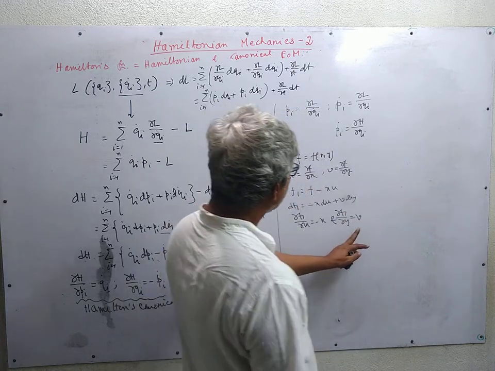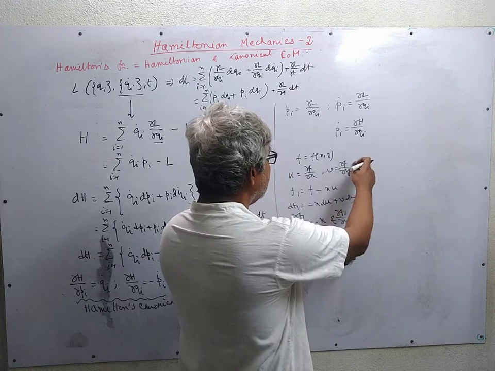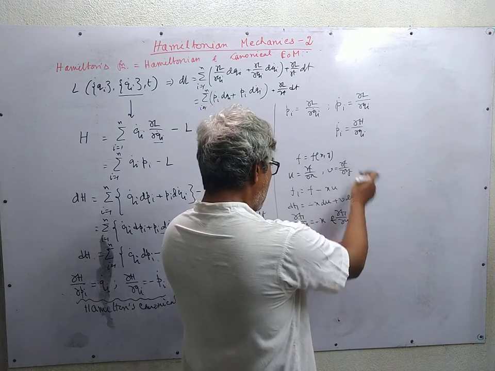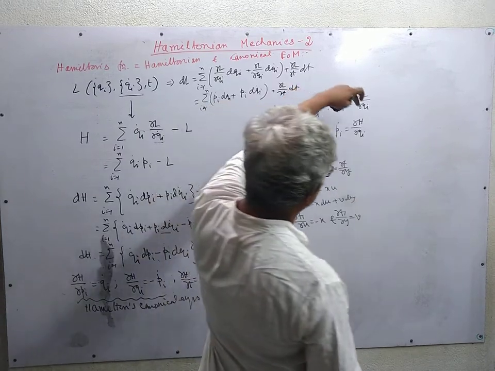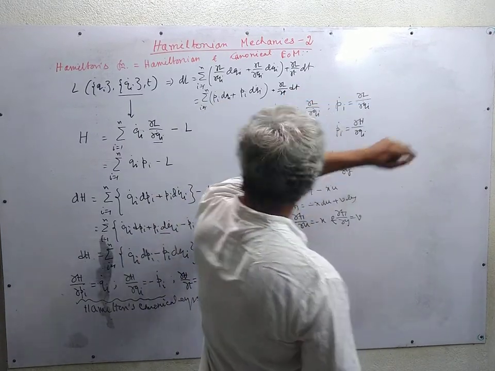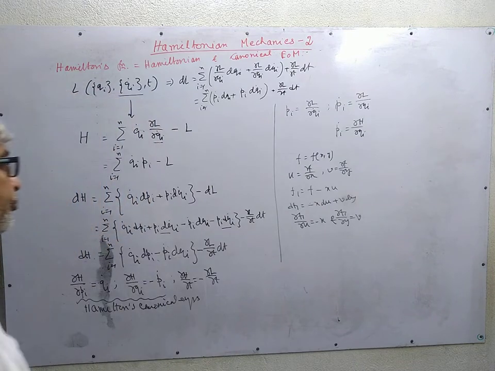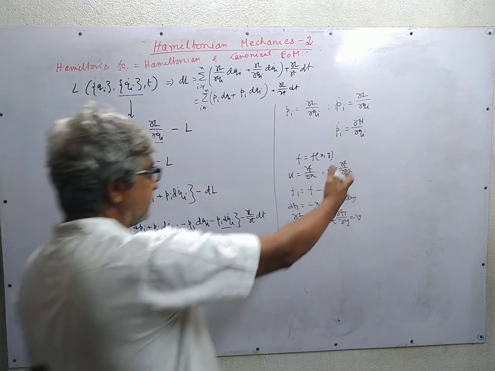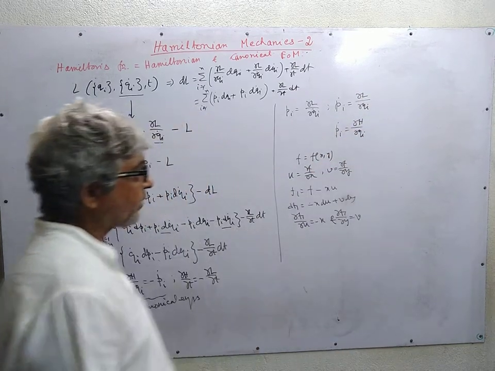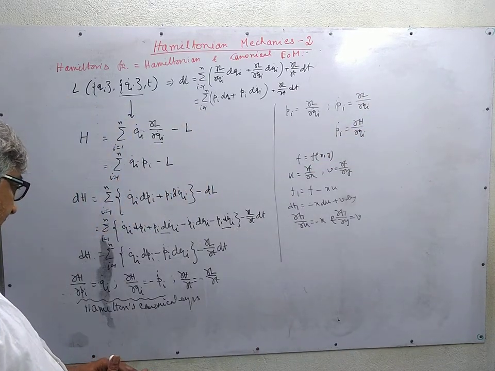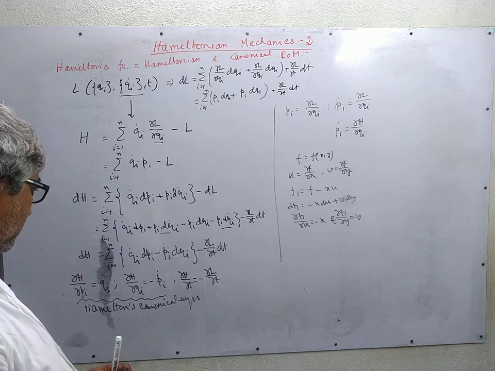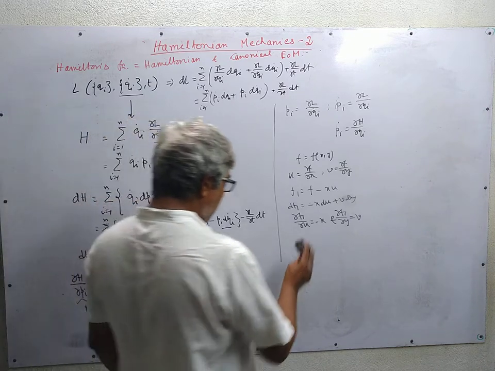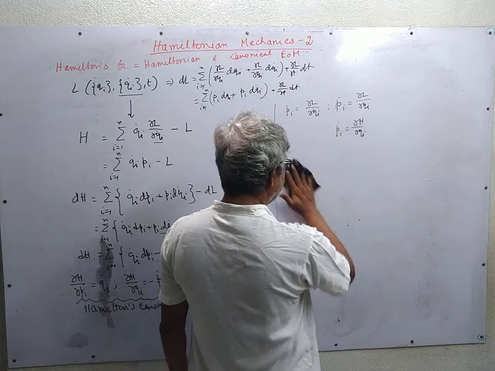So the definition of v was the same in terms of the original function and the transformed function. Here also you see that qi being the passive variable, the definition is the same in respect of H and L. So this is the Hamilton's canonical equation.